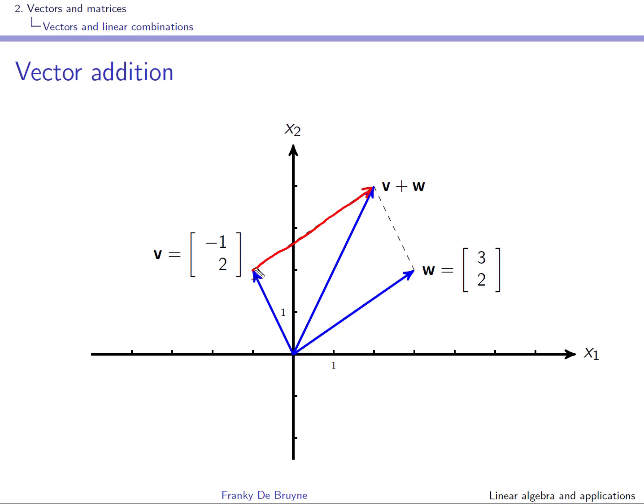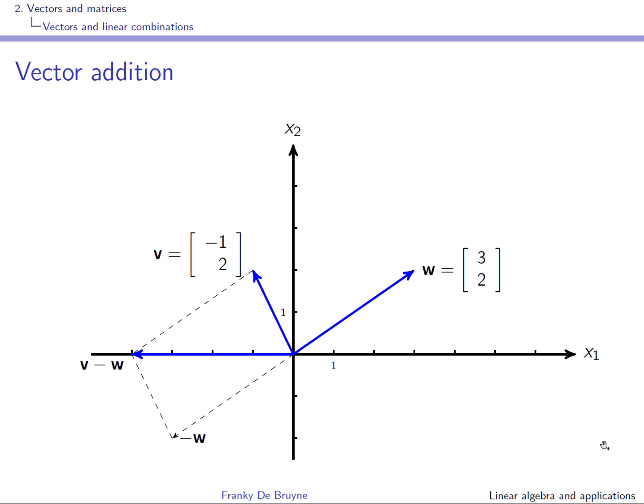The head of this vector that is equivalent to W is placed at the tail of the other vector, and the resulting vector is shown over here. It goes from the free tail to the free head. You could do things also by taking an equivalent vector to V and place it over here, and of course you end up with the same result.